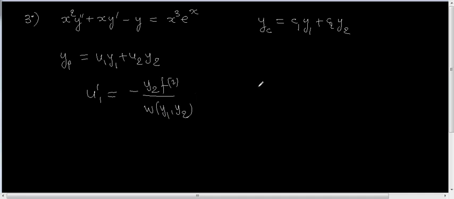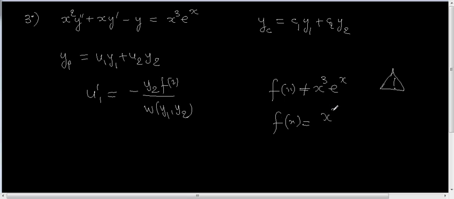Now here is the oops. f of x is not x cubed exponential x, because we need to remember that we need to go to the standard form. So actually f of x is x cubed e to the x divided by x squared, which is x exponential x. Okay, so this is another common mistake.